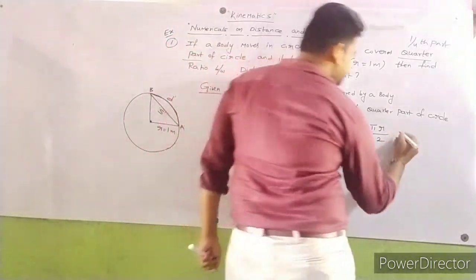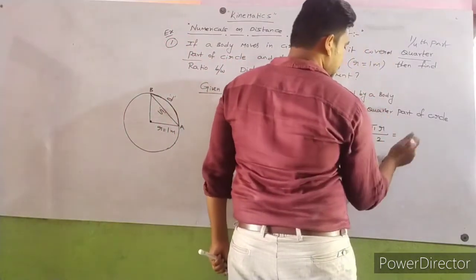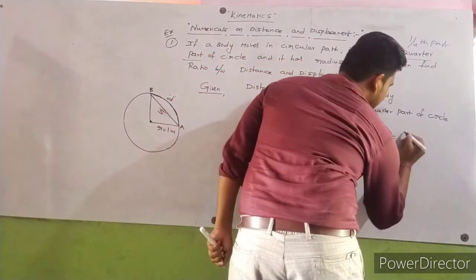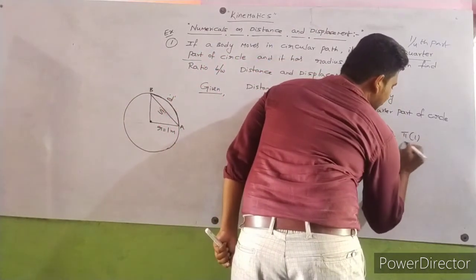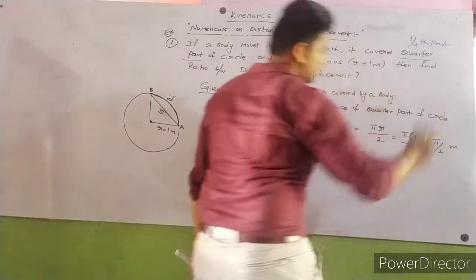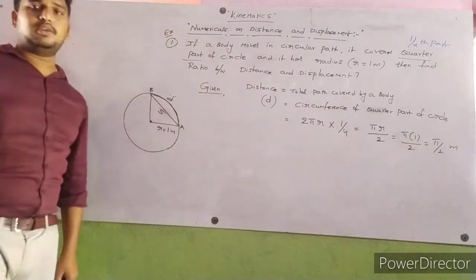From this pi r by 2, here r means 1 meter, so pi into 1 by 2. Finally we got pi by 2 meters. So distance d is equal to pi by 2 meters.